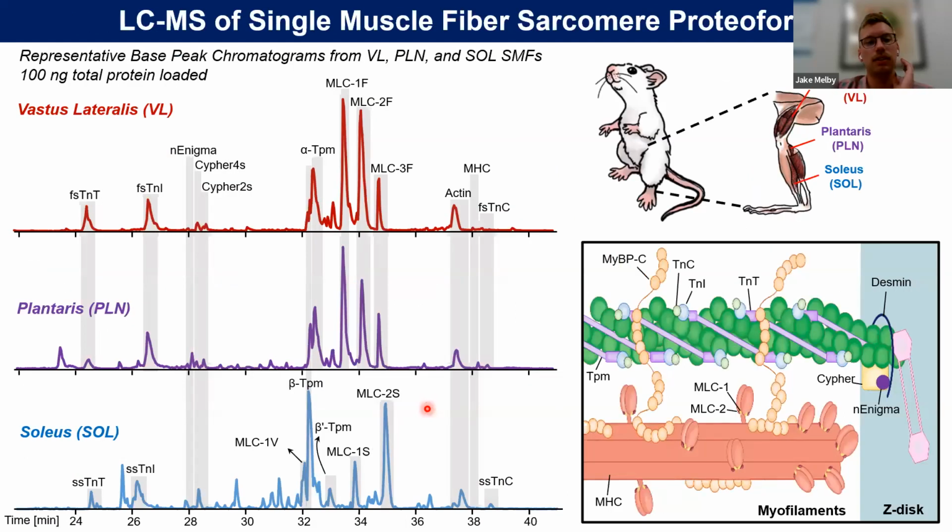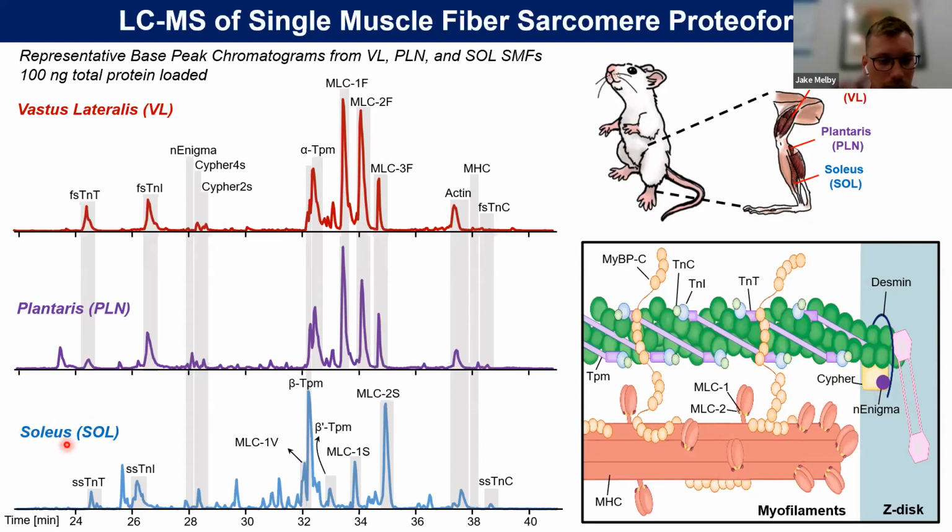So now we're getting to the actual data from the method I described. These are 3 different base peak chromatograms from the 3 different muscle tissues. I have it labeled here because there's a lot of acronyms and jargon, but essentially all of the labeled proteins in this chromatographic trace are most of the very important contractile and structural proteins found within the sarcomere.